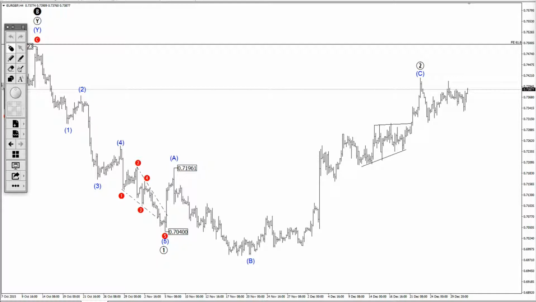Of course, this can be counted still as waves 1, and perhaps now we can see some sort of sideways correction, maybe a flat correction forming here. As long as we keep below the recent peak, 0742 around is the minor wave 2 peak that I have labeled. As long as we keep below that, this wave count can be correct.